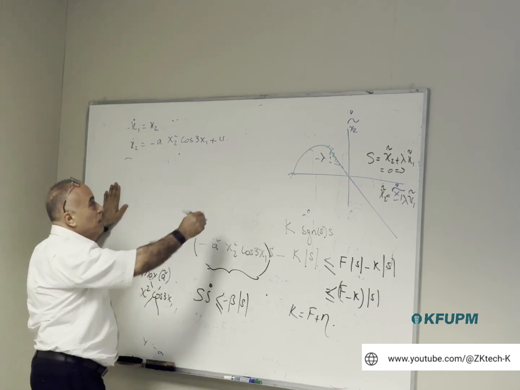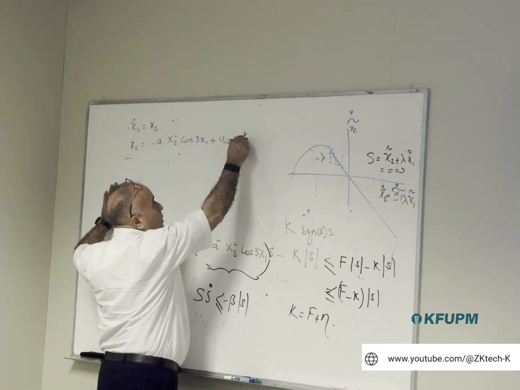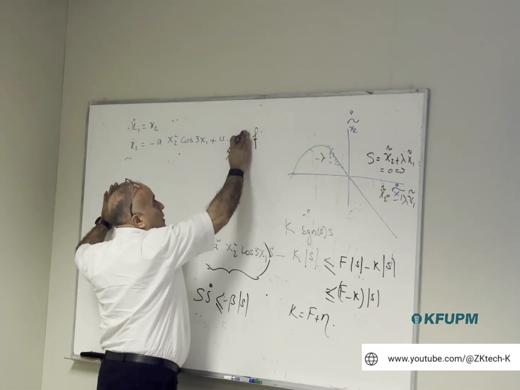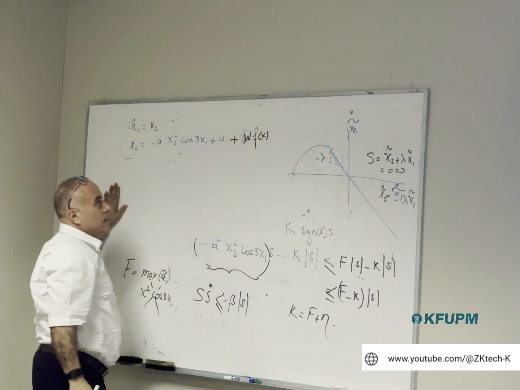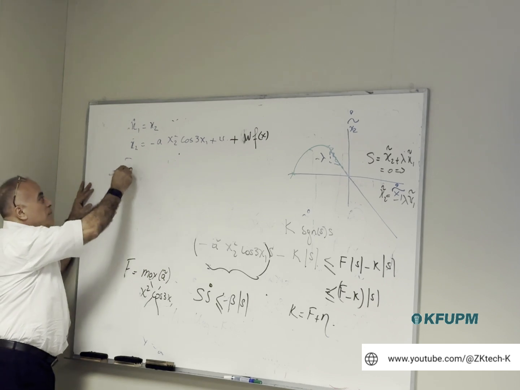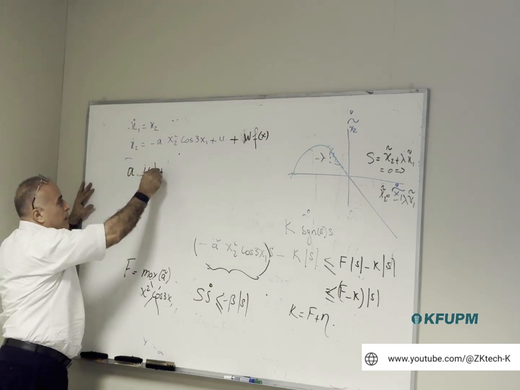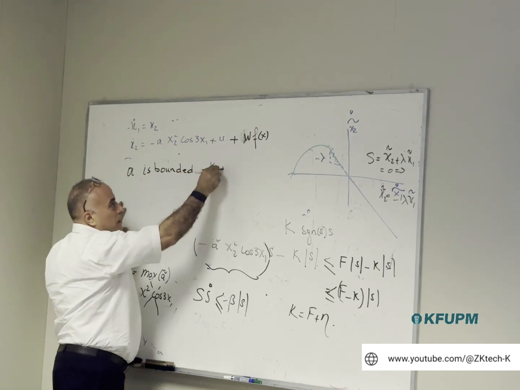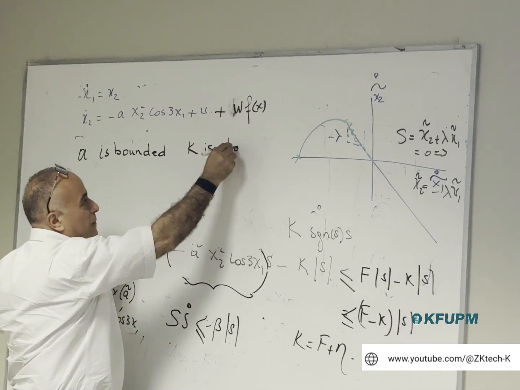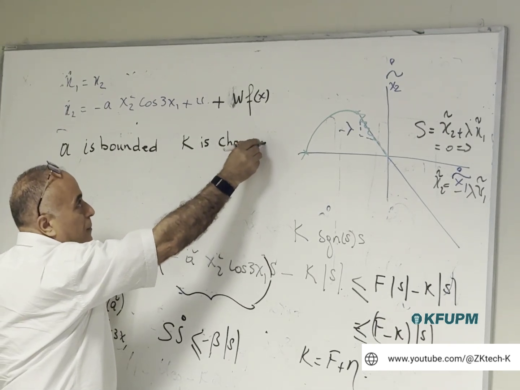I'm going to add here plus K or W or whatever you want, but let's say W, multiplied by f of x. And I will say that A is bounded. K is changing.